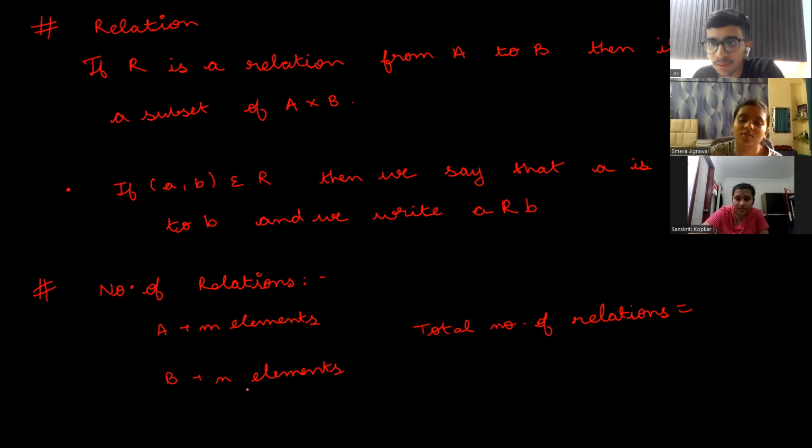So m into n. So the set A cross B has m times n elements, right?